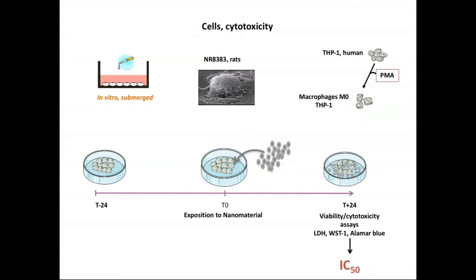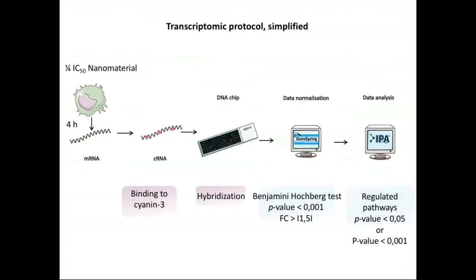For cytotoxicity, we use a 24 hours exposure, and then we use several techniques to assess the IC50. This IC50 allows us to decide what concentration we'll use for the transcriptomic assays. The transcriptomic protocol is rather classical.